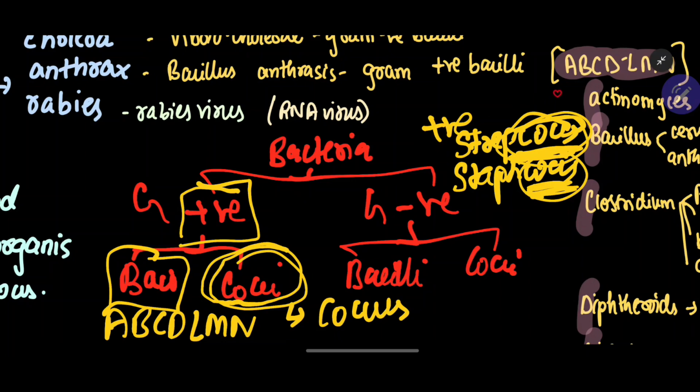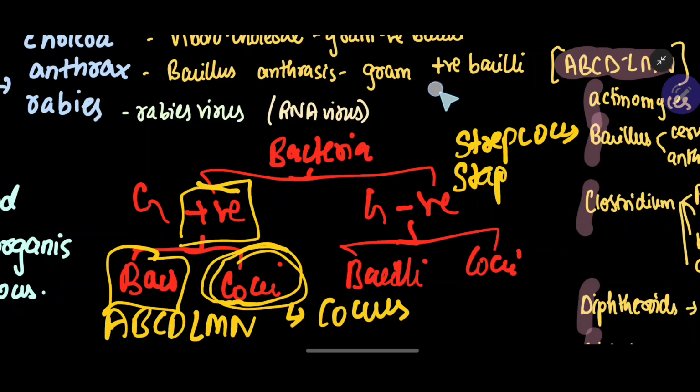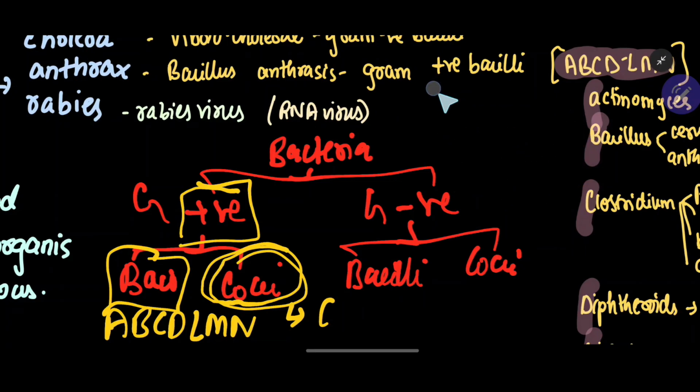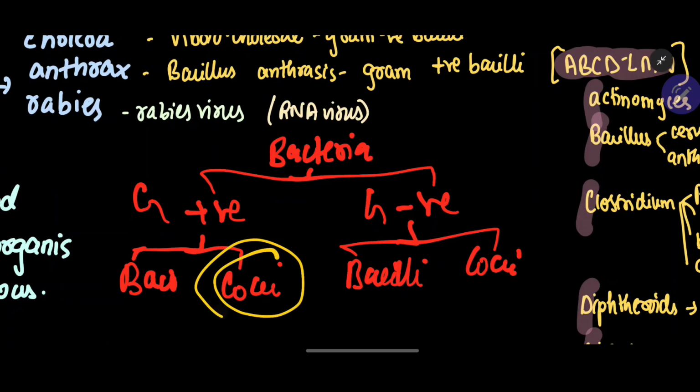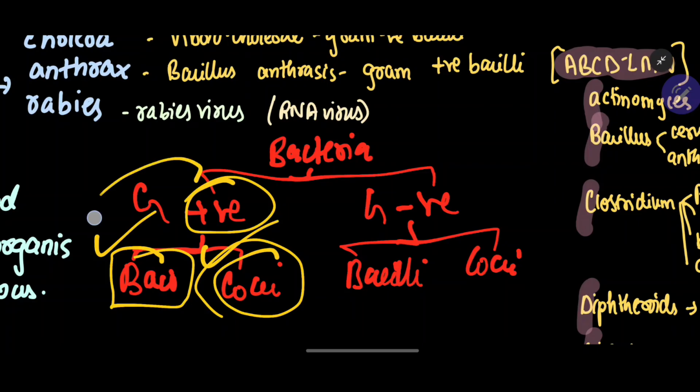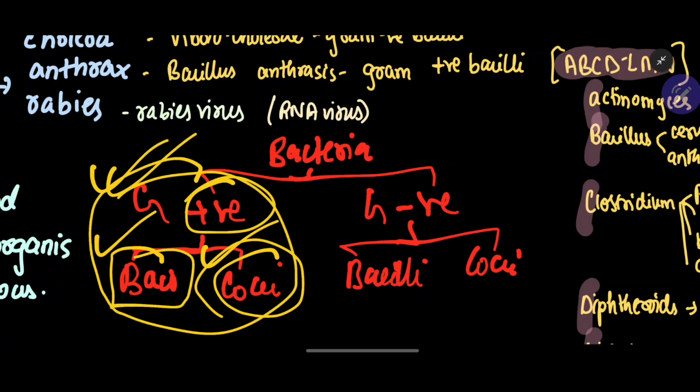So for this we have mnemonics. Okay, this looks really messy. I'm just going to move all of this. So the coccus guy is telling clearly that to remember me, it's very easy. So we have a mnemonic for gram positive. Positive people have mnemonics for them, they are very positive.